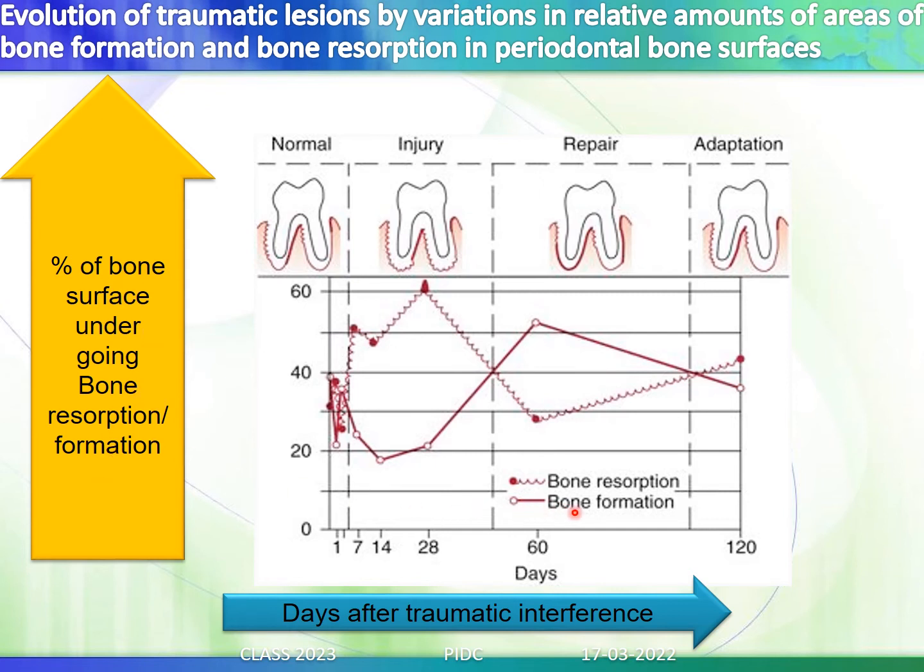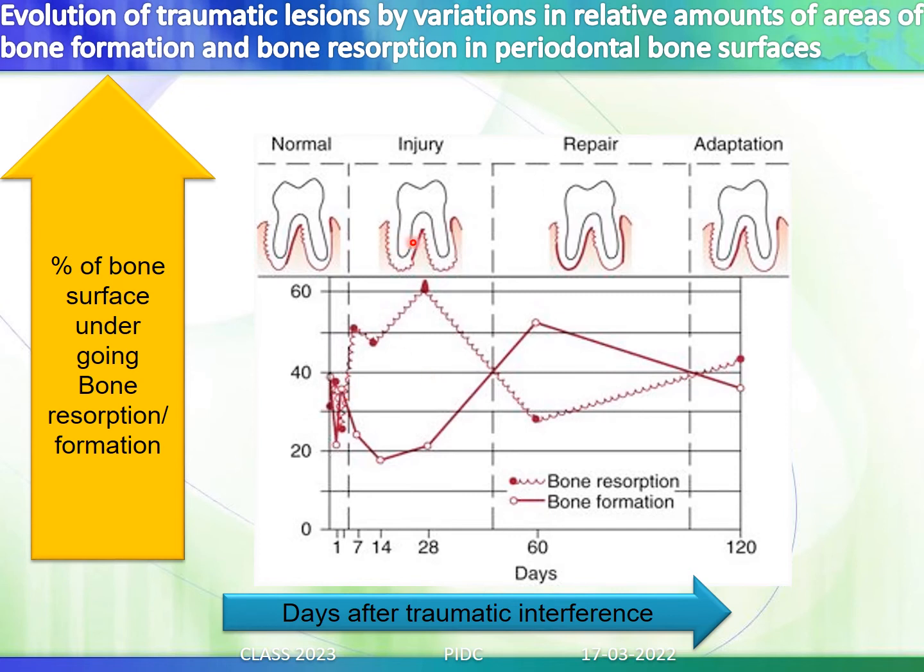The straight line represents bone formation, and the curved line represents bone resorption. You can see very well that during the normal period, when the teeth have proper occlusal forces, bone resorption and formation go hand in hand.